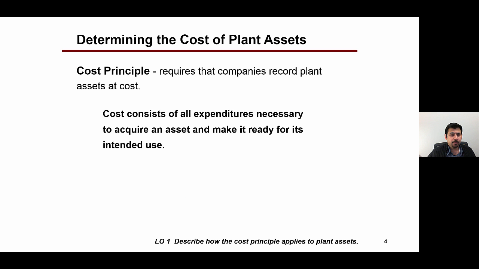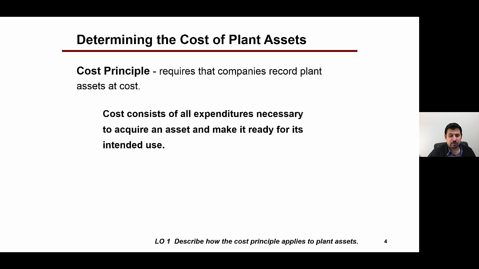So the plant assets are recorded according to the cost principle. And the cost would include anything that the company has to pay in order to acquire that asset. So it's the cost of acquiring the asset and not only the purchase price.